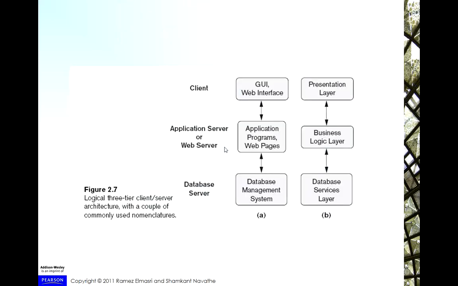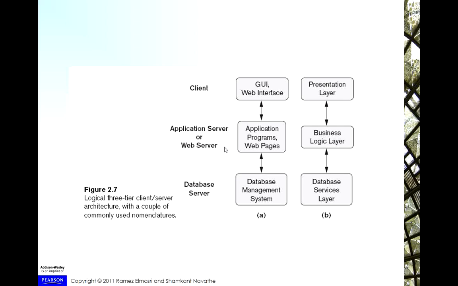So we have here the client and a server. A client on top can use a graphical user interface, like a web interface or presentation layer, and the server at the bottom could be a database management system or database services layer.